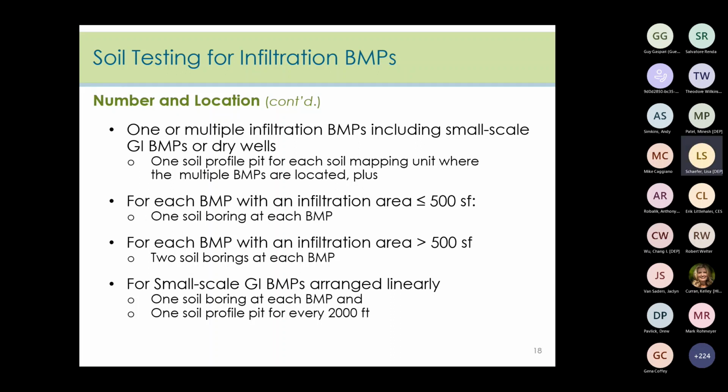Now, for each BMP with an infiltration area greater than 500 square feet, we're going to need 2 soil borings at each BMP. And for our small-scale GI BMPs arranged linearly, we're going to have 1 soil boring at each BMP and 1 soil profile pit for every 2,000 feet of length.